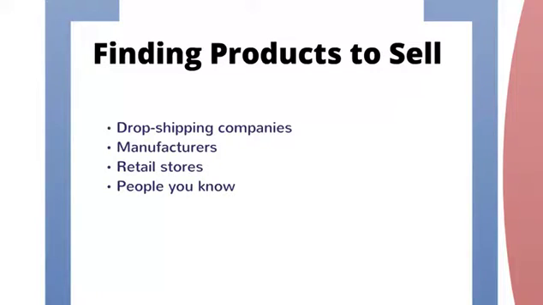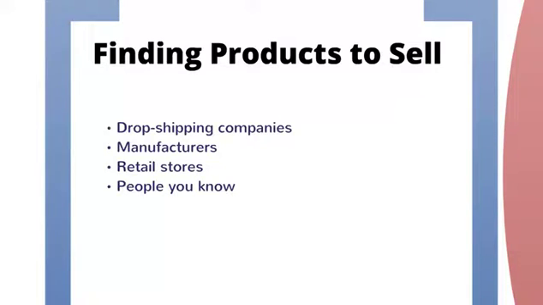Now, I'll teach you some tricky things you can do to sort of get around that on Amazon specifically, how to create unique products out of very generic products and list them as unique products that you're the only person who can sell them on Amazon. But if you can find a unique retail store or somebody you know who has access to products that they'll ship out for you, then often those are going to be the best opportunities to sell because you don't have as much competition.